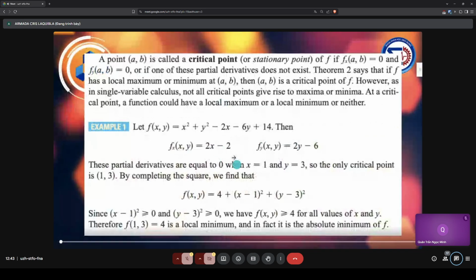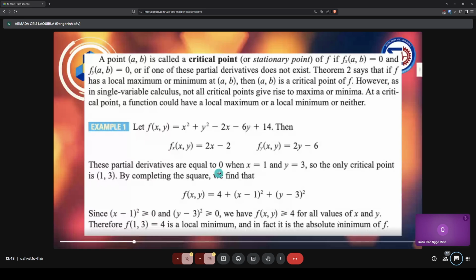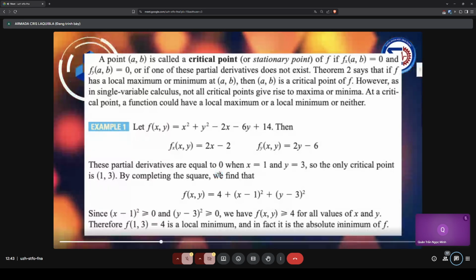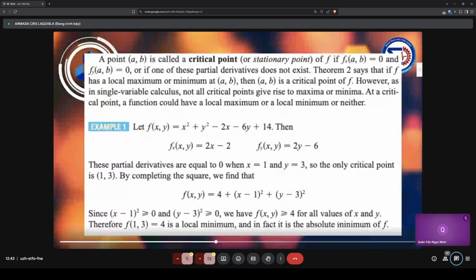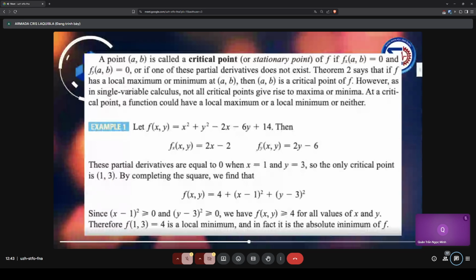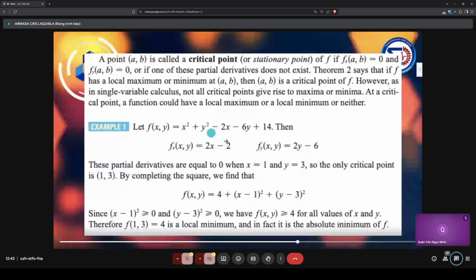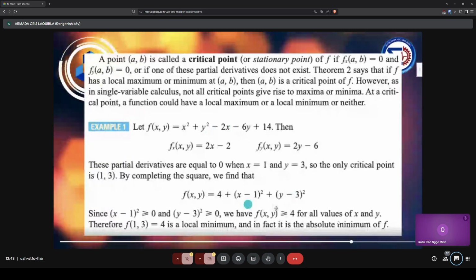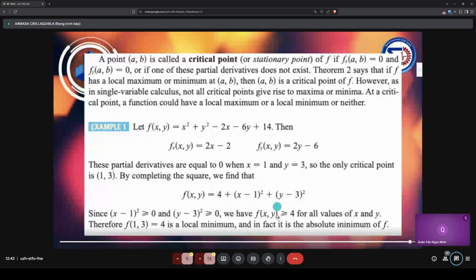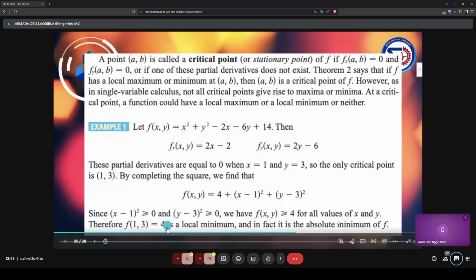First, solve fx and then fy. Then after that, go to your f of x and do some factoring such that we use completing the square here. For example, from the completing the square, the number here is 4, and we discovered that f(x, y) is greater than or equal to 4, and that is a local minimum.